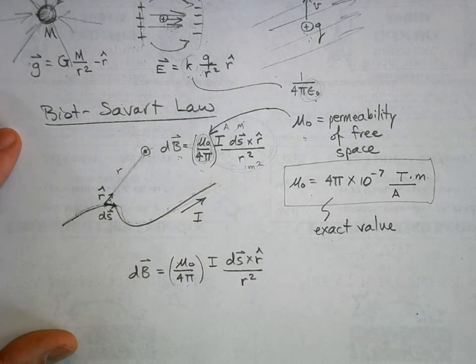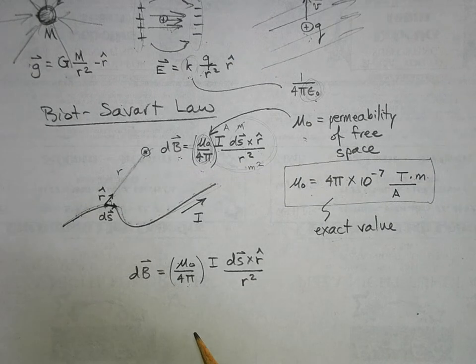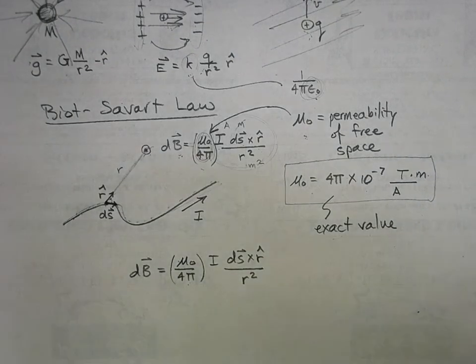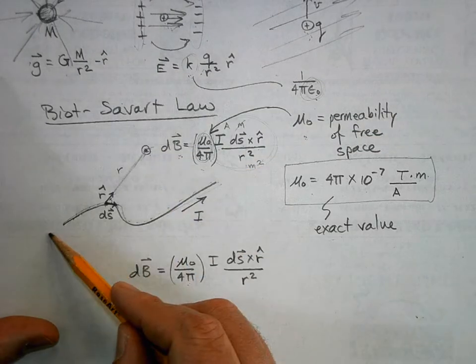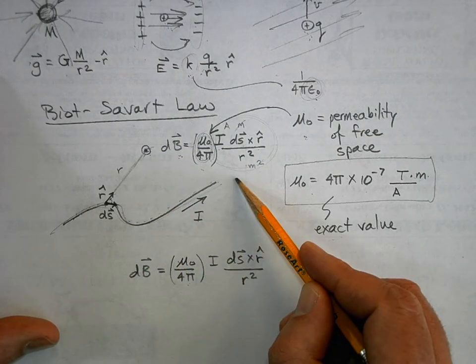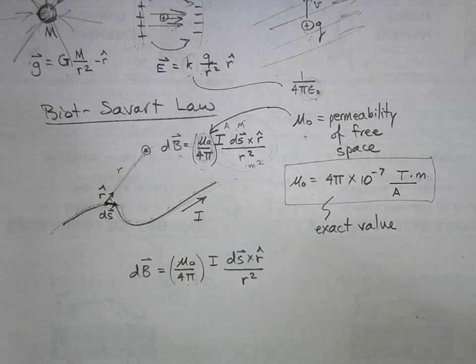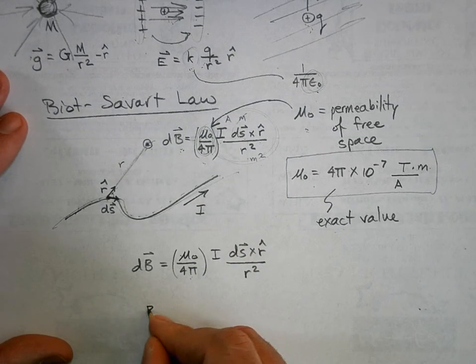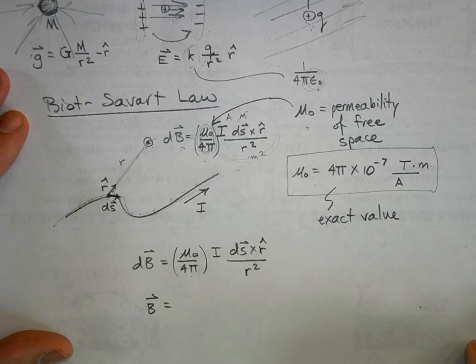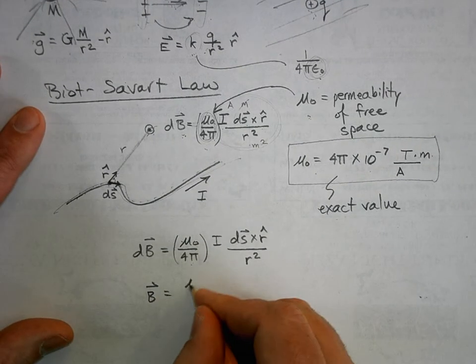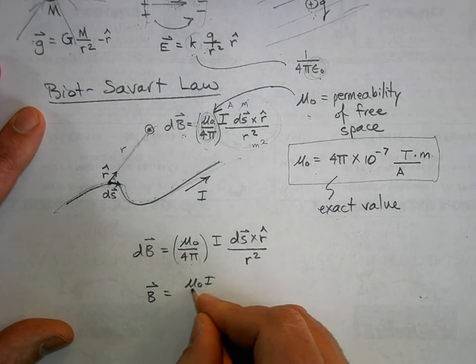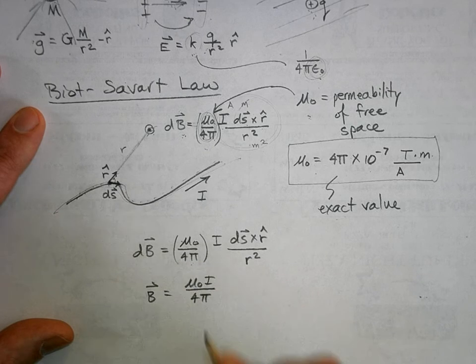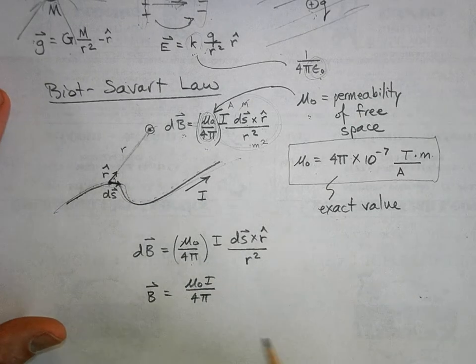Now, of course, what we really want is the total magnetic field at this point due to the whole current. So what do we have to do? We have to integrate both sides. And so we get B is equal to mu naught I over 4 pi, because what we're going to do in this class is do this for steady currents.